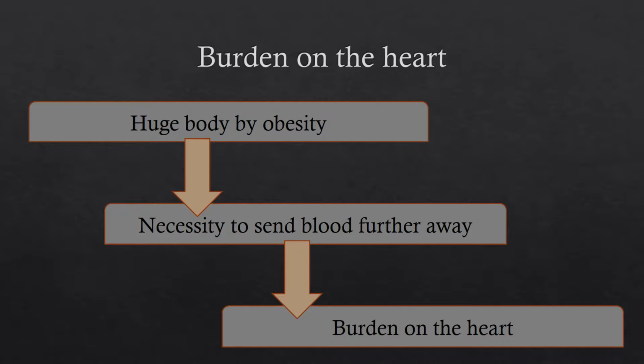First of all, I will describe burden on the heart. As the overall flow, it becomes necessary to send blood further through a huge body because of obesity. By doing so, it puts a burden on the heart.